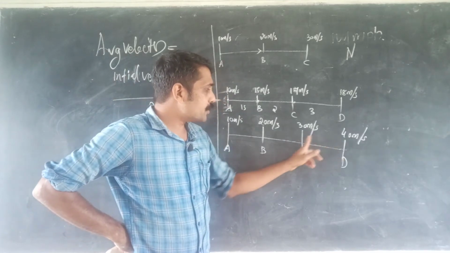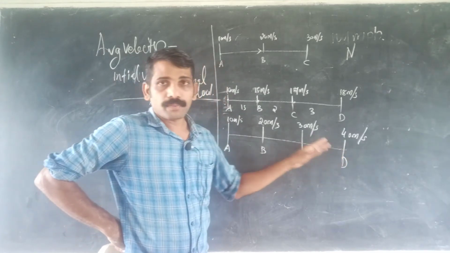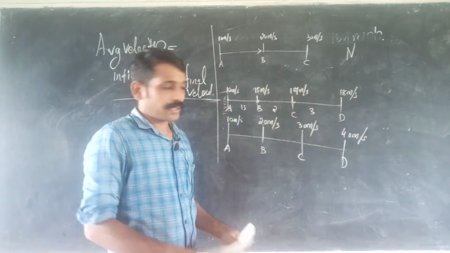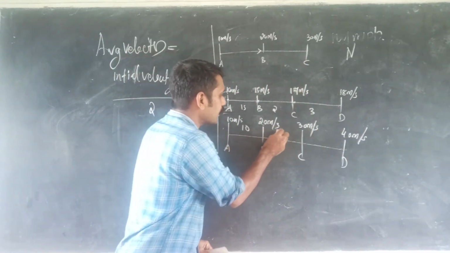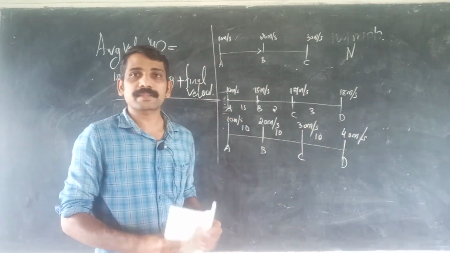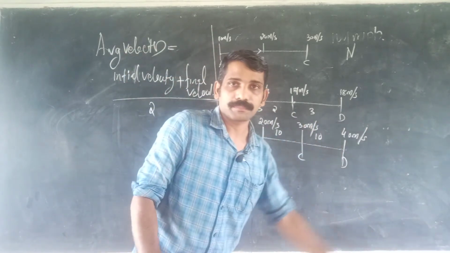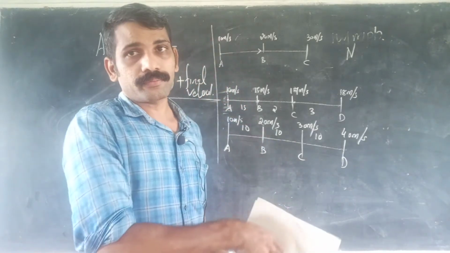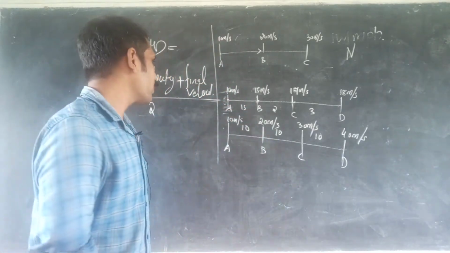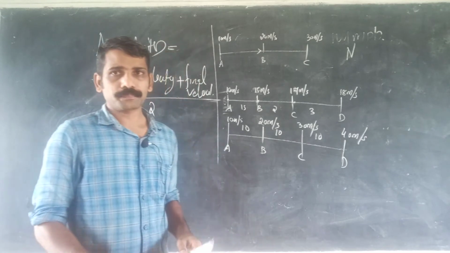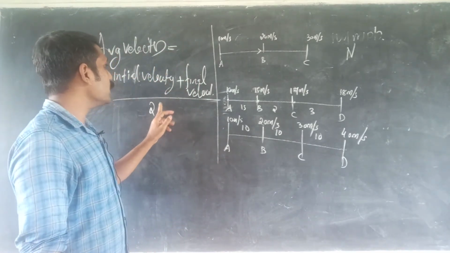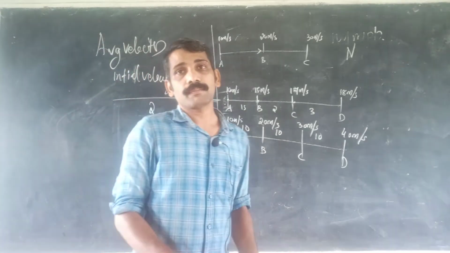From C to D, 30 to 40, the change is 10. So the velocity is changing at a uniform rate. In such a case, average velocity is found by initial velocity plus final velocity divided by 2.